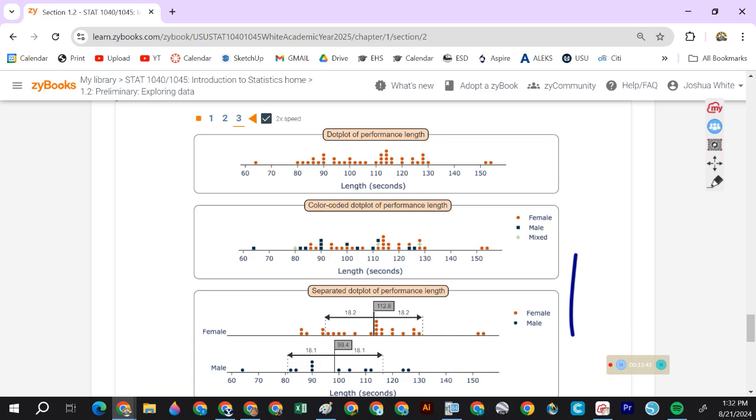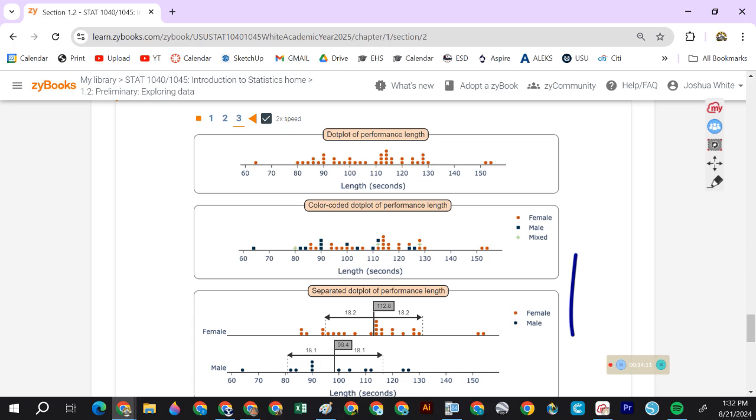So if we only look at the males, the average changes. Or sorry, females. On average, did females take more time or less time than the group as a whole? More time. So 112.8 is bigger than 108, right? What about males? They were less, which makes sense, right? If the females are higher than average, then the males must have been lower than average, okay?